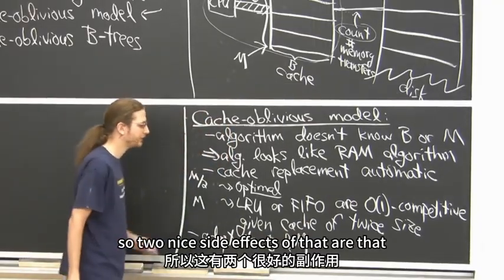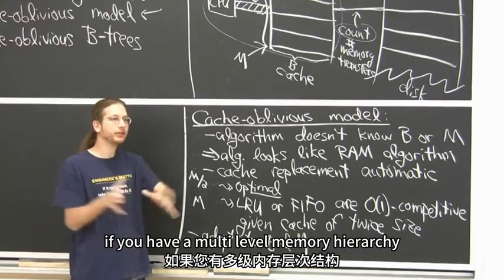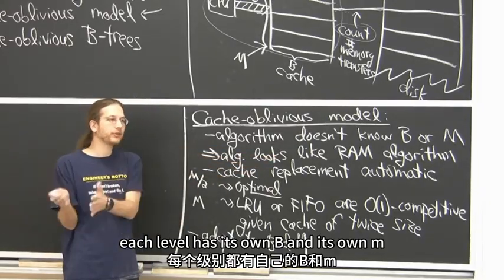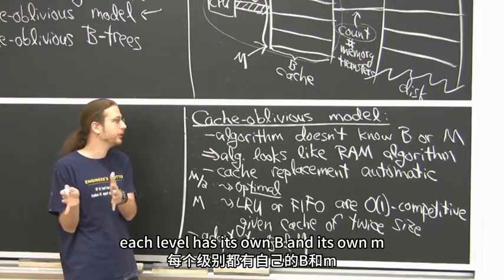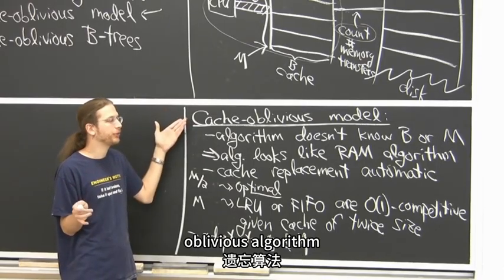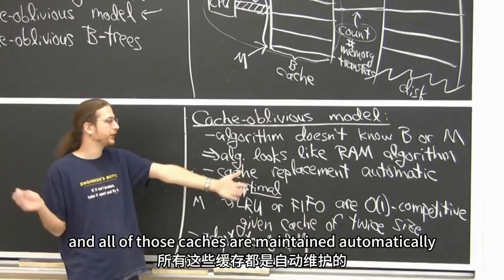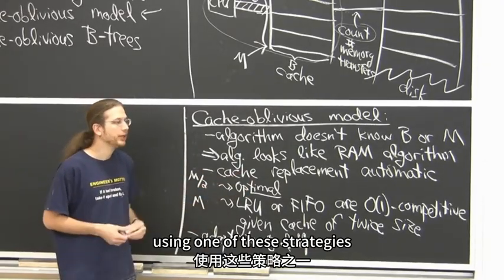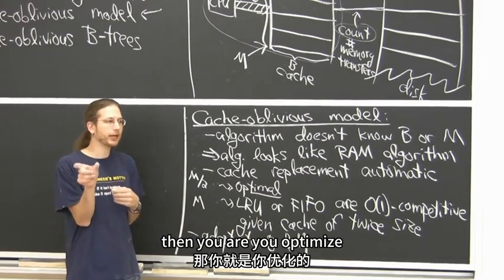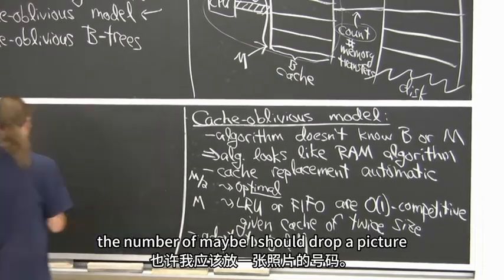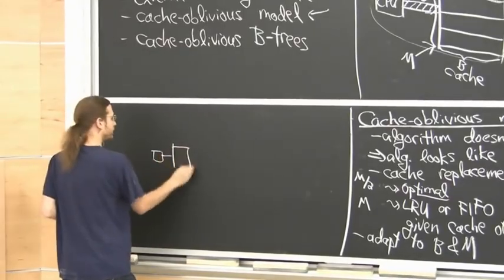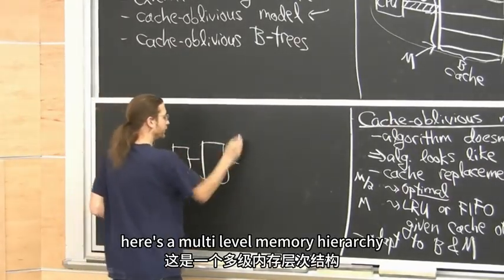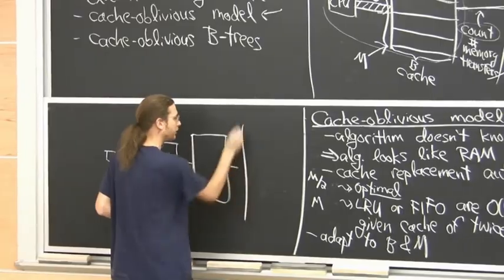So two nice side effects of that are that if you have a multi-level memory hierarchy, each level has its own B and its own M. If you use a cache oblivious algorithm and all of those caches are maintained automatically using one of these strategies, then you optimize the number of, maybe I should draw a picture. Here's a multi-level memory hierarchy.